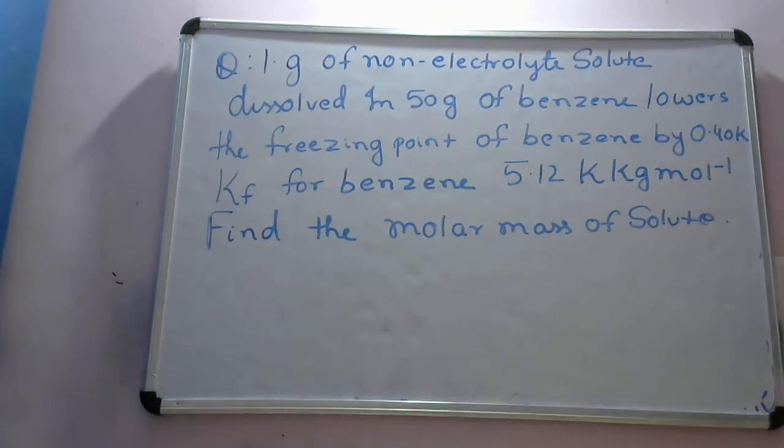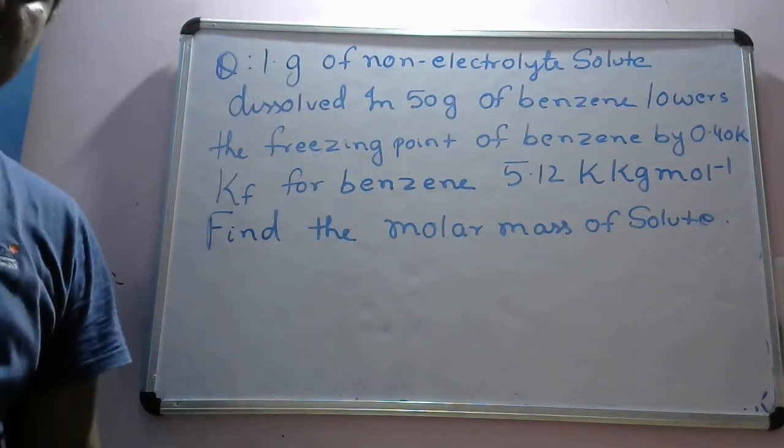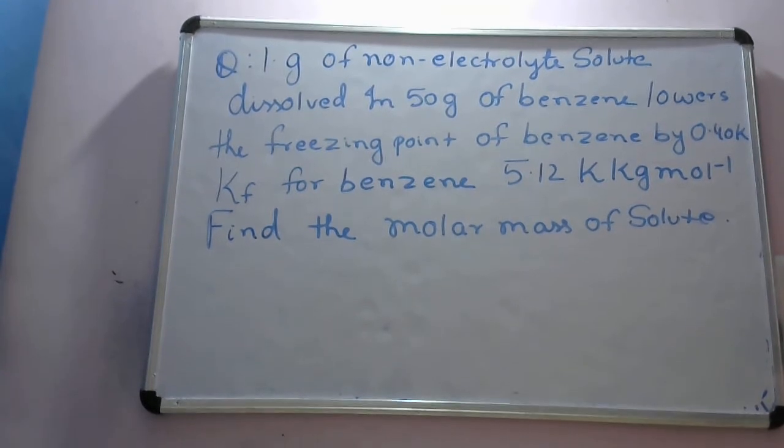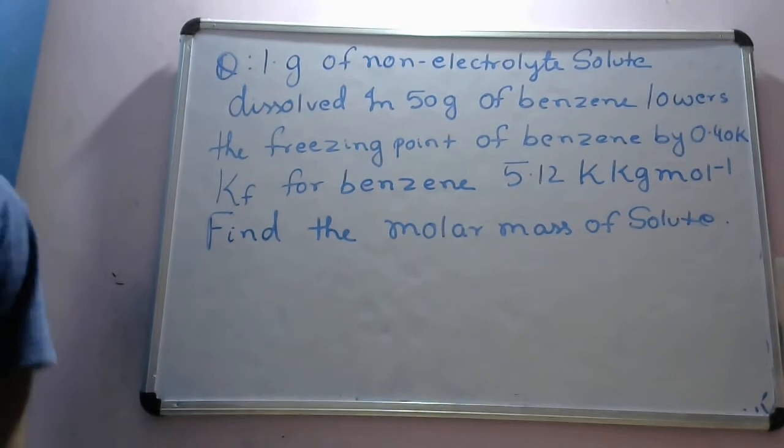If you observe this question, solute mass is given, 1 gram, solvent is benzene whose mass is 50 gram, and the depression in freezing point, how much the freezing point has decreased, that is 0.40 Kelvin. So this is all given to us. Kf for benzene is also given.